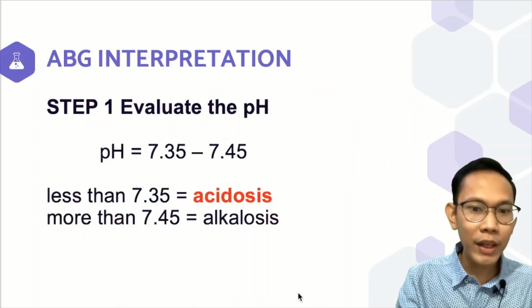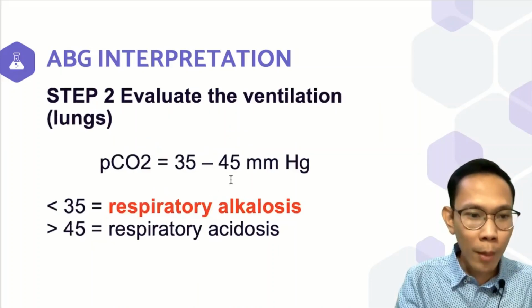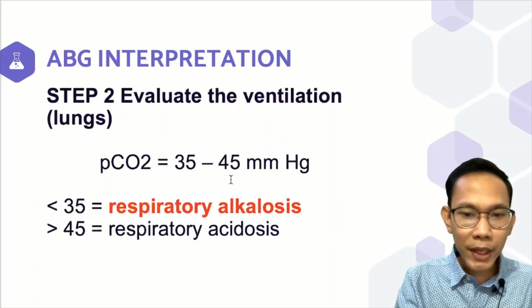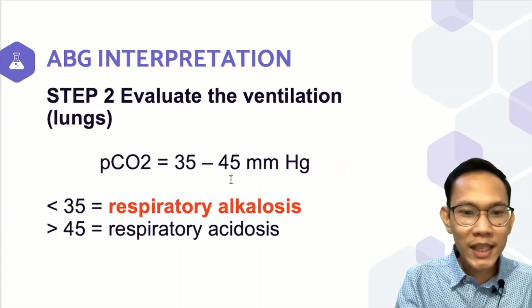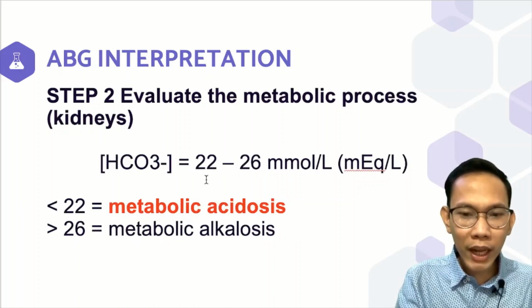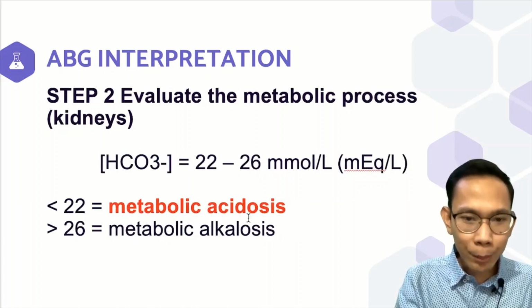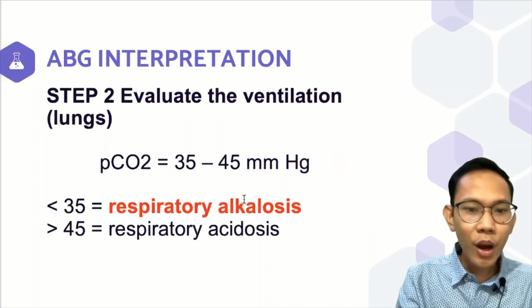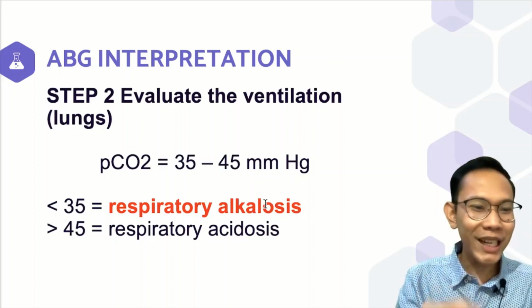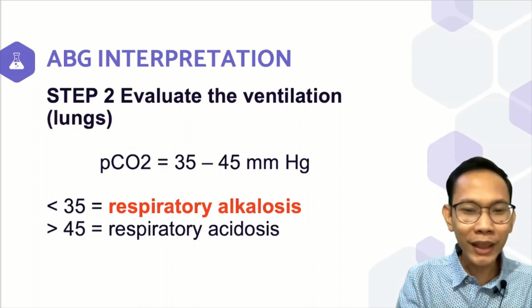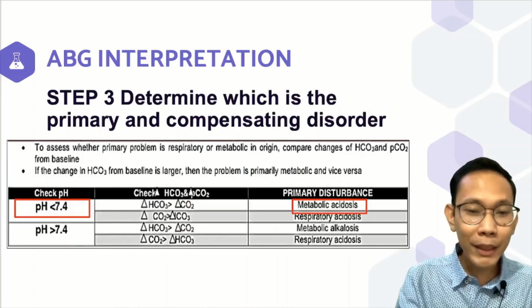Again, check natin ha. Step 1, di ba natin? Acidosis. Tapos pag check natin sa step 2, may dalawang problem tayo. Respiratory alkalosis and metabolic acidosis. So sino ang may acidosis dito? Syempre, itong metabolic acidosis. So therefore, primary problem is metabolic acidosis. Compensating problem is your respiratory alkalosis. Yan yung pinaka tip lang. Very simple tip, okay? If ever mahirapan kayong mag-compute.